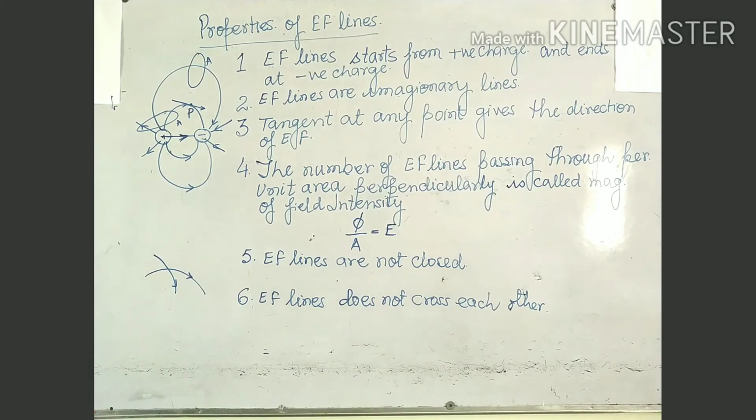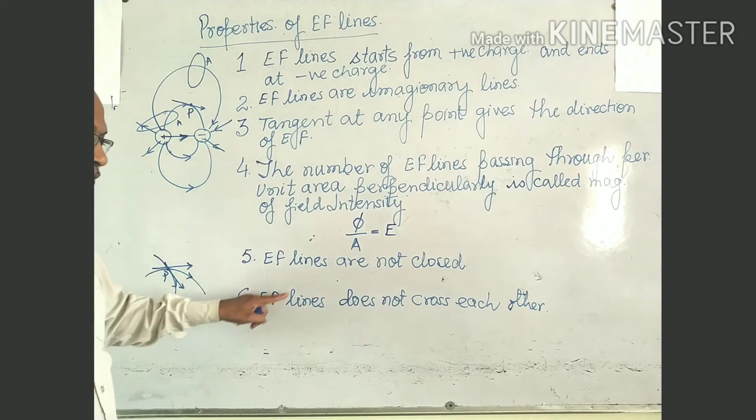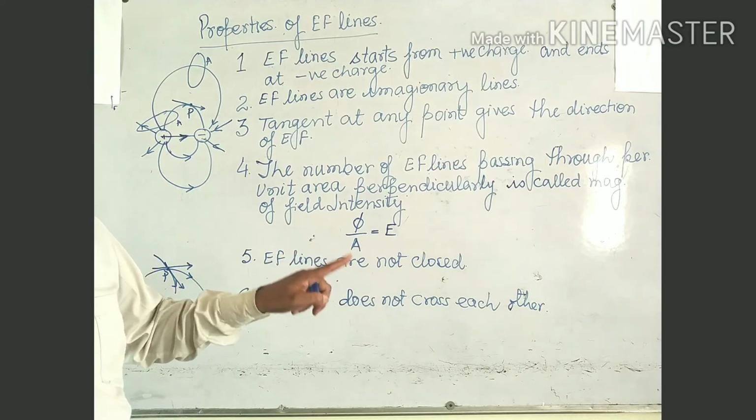If they cross, this is the intersection point. Here you get this direction of the electric field, and again at this point another direction of the electric field. So at the point P, you would have two different directions of the electric field, which is not possible. Therefore, electric field lines do not cross each other.